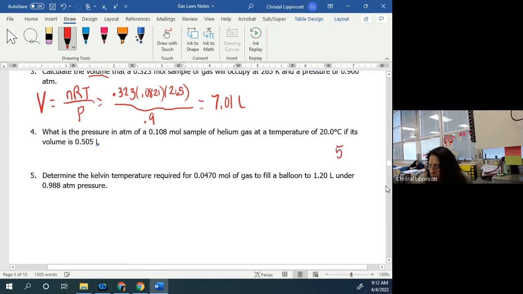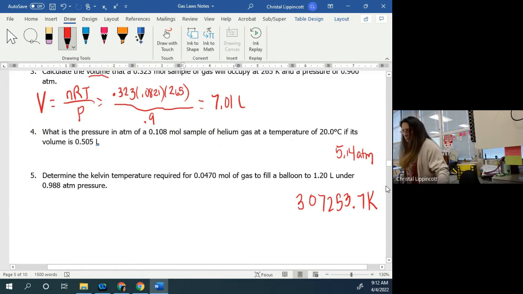Subtract. Divide. On both sides. If you want to solve for P, you divide both sides by V. For 3, I got 7.8.